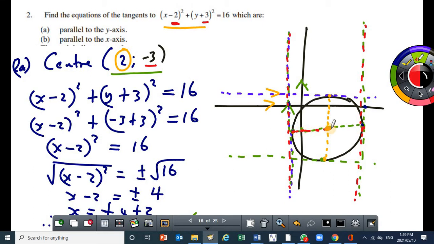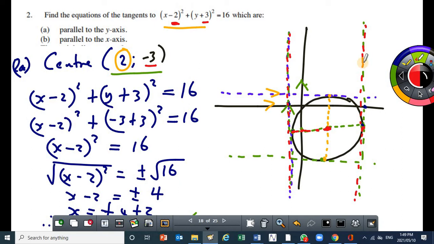I'm going to repeat what I'm saying. We have got a circle, the center is in the fourth quadrant. We need to determine the equations of tangents that are parallel to the y-axis. So those two tangents are going to be this one here and that one.